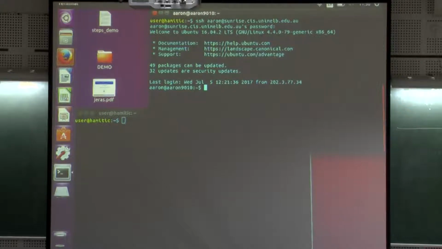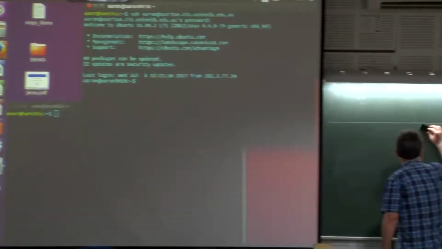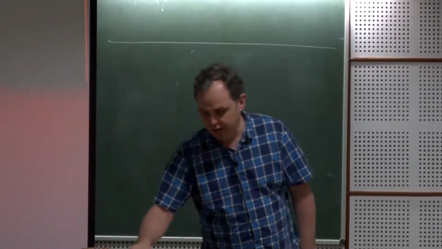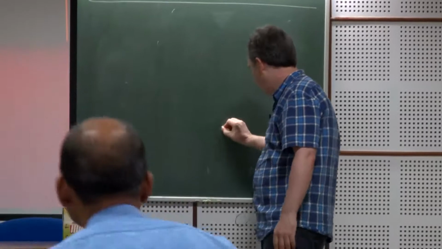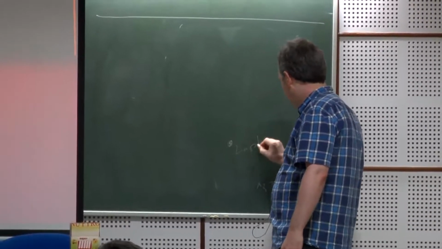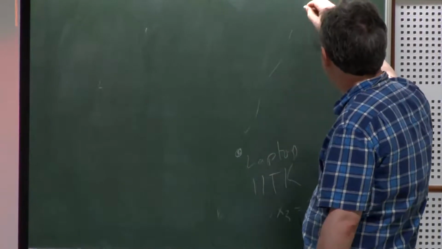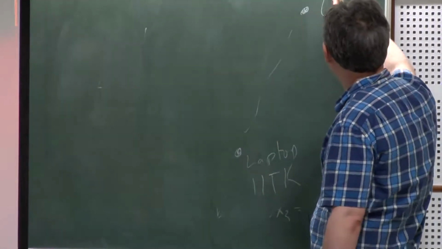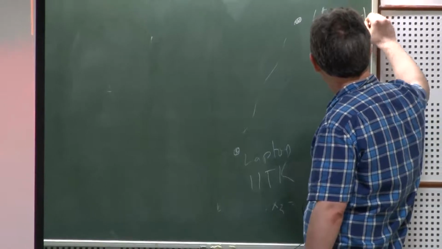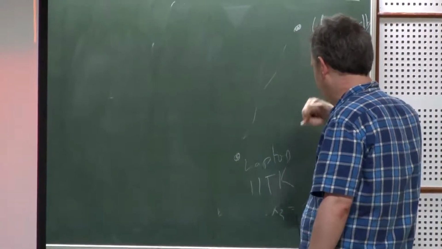It runs a bunch of servers for me, various kinds. So what we've got is a laptop sitting here, a laptop which is IITK. Somewhere through the internet we've got Unimelb, and I've logged into that.